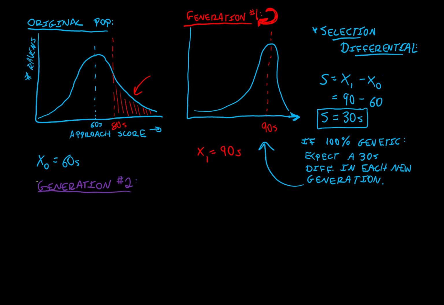So the offspring of generation 1 have an approach time distribution that looks like this. The mean approach time for generation 2 is 70 seconds.